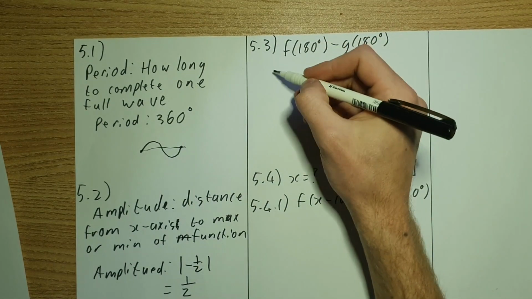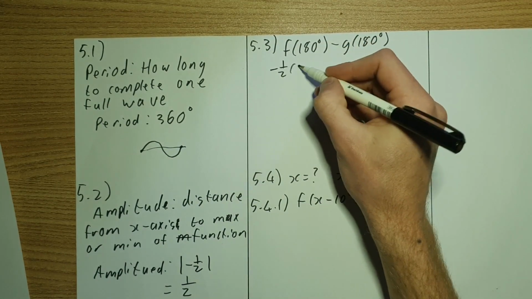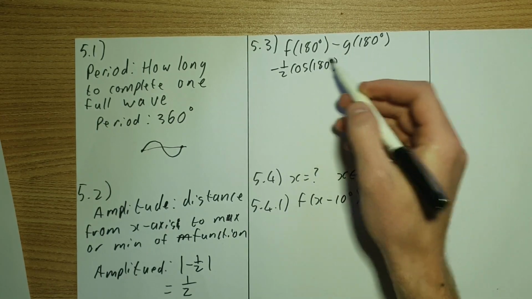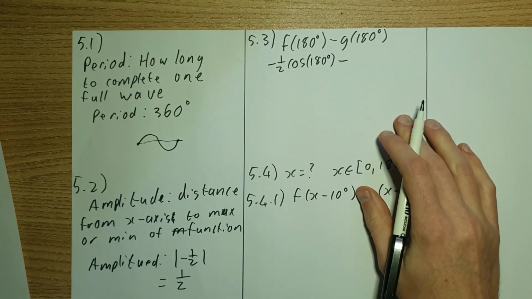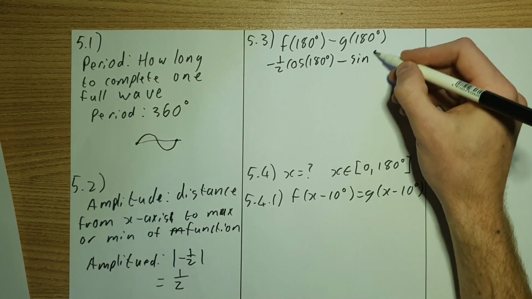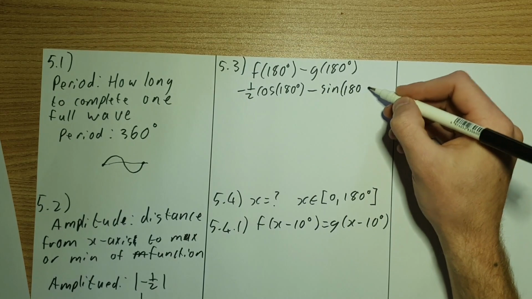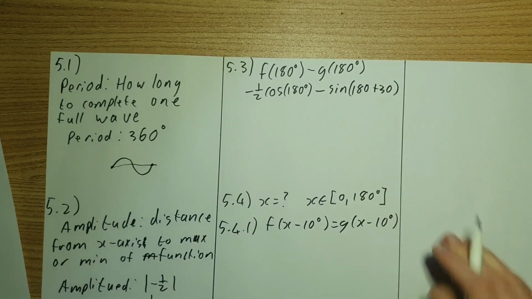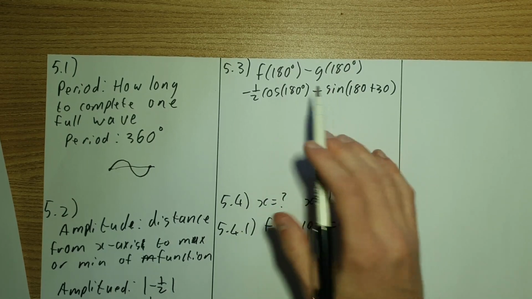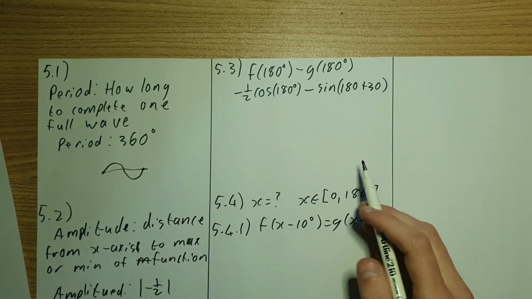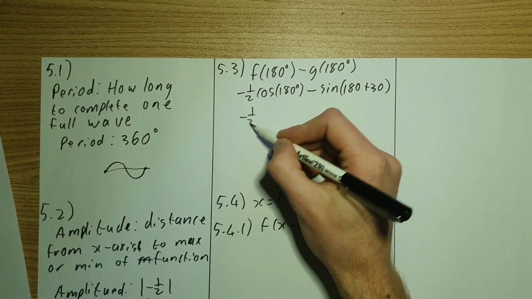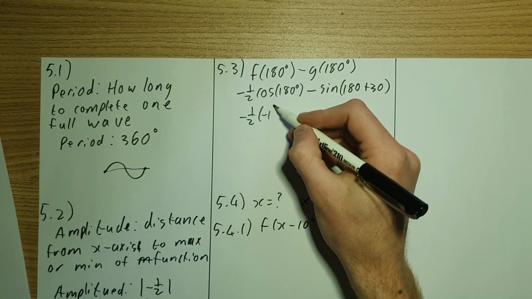We're going to have negative a half cos 180 degrees, that's my f function, minus my g function, which is sine of 180 plus 30. Now cos of 180 degrees is negative 1, because we're sitting on the negative x-axis. So this becomes negative a half times negative 1.